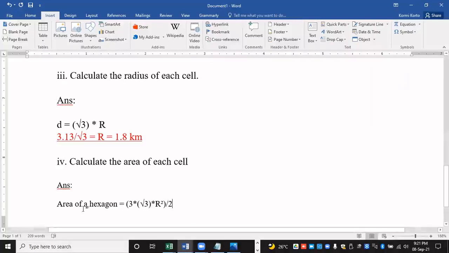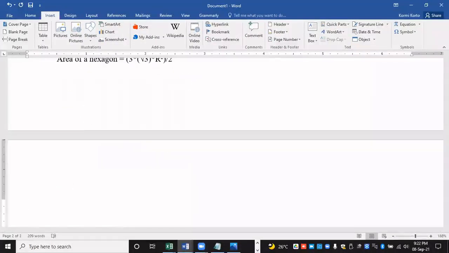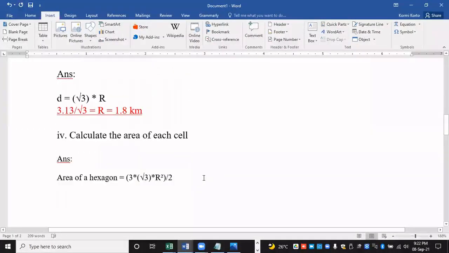This happens to be the formula for the area of a hexagon. Now let's plug in r, which we found from the previous question.